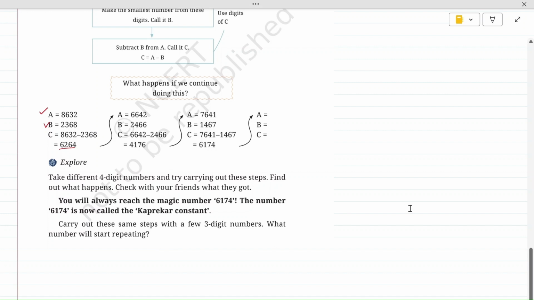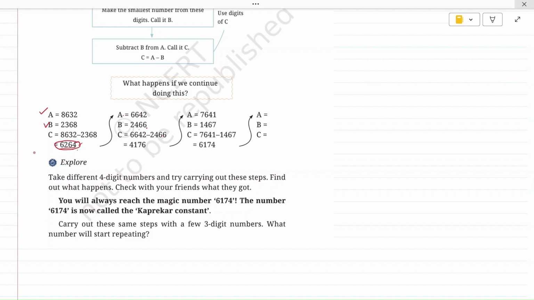Okay kids, coming back here, what we have done is we took one number and found the difference. It was 6264. Since it was 6264, this is the new number for us. We will take the largest number and call it A. We will take the smallest number from this and call it B, and we again find the difference.